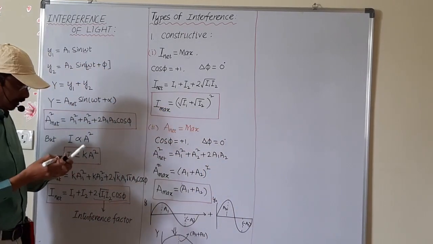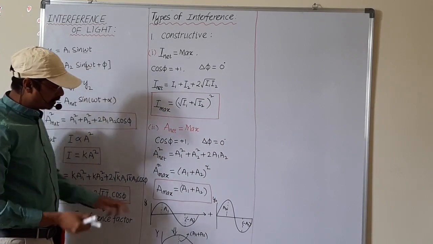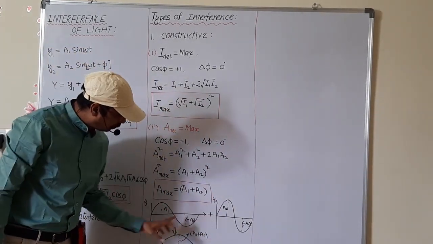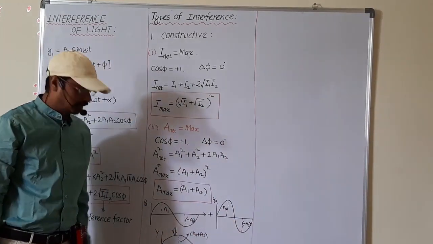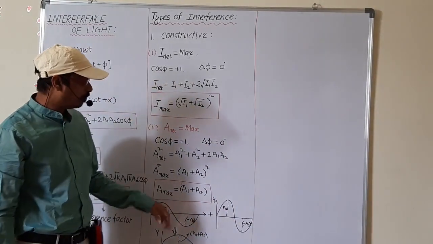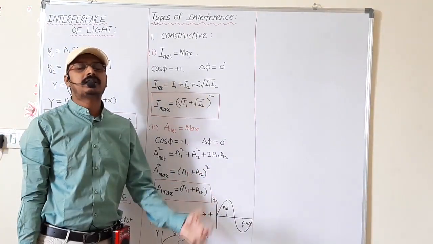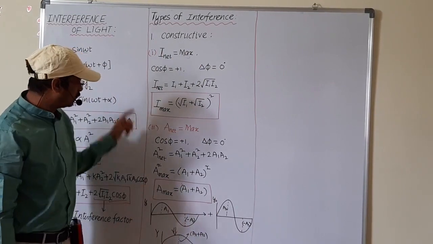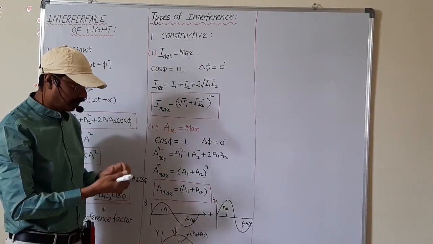According to constructive interference, we can discuss according to the amplitude also. The two waves are moving in the same direction with the same phase, superimposed on each other. Then the amplitude is maximum. The maximum amplitude will give the constructive interference. These are the two things we have discussed.